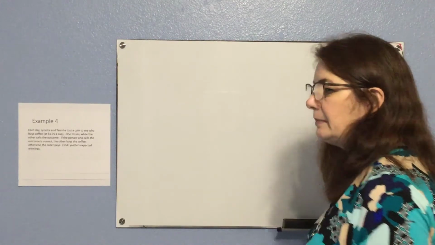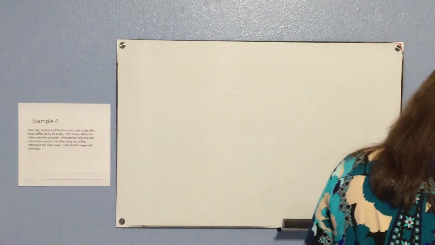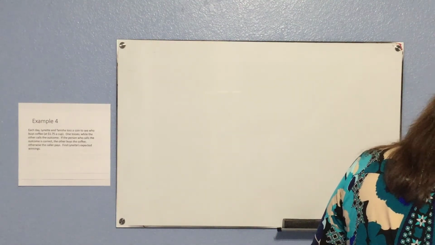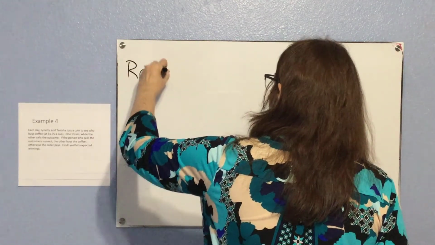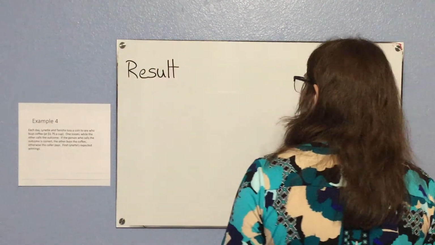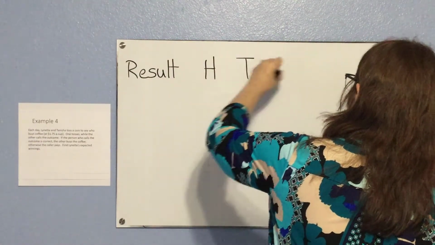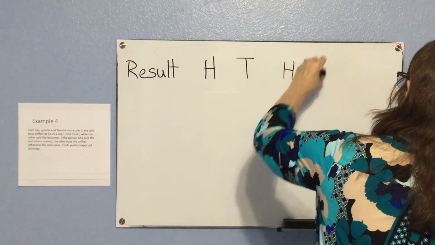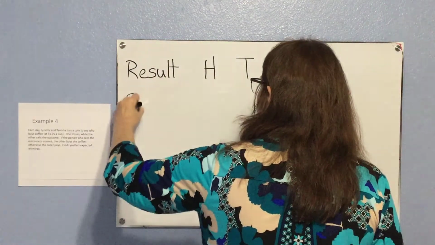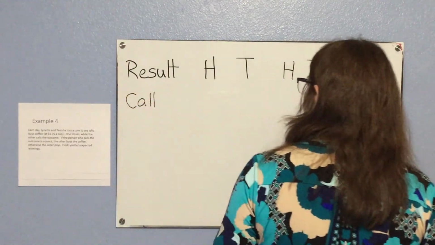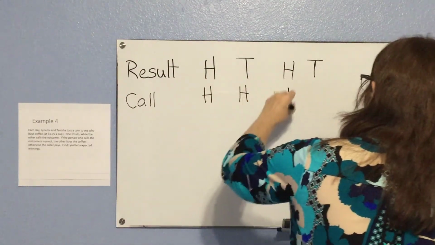So we need to think about what are the situations. So let's make a little table. And the first line is result. Okay, the result of flipping the coin is either heads or tails. And then our next line could be the call. And the call could be heads here and tails here.